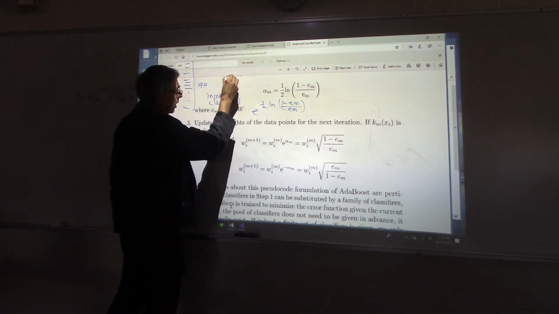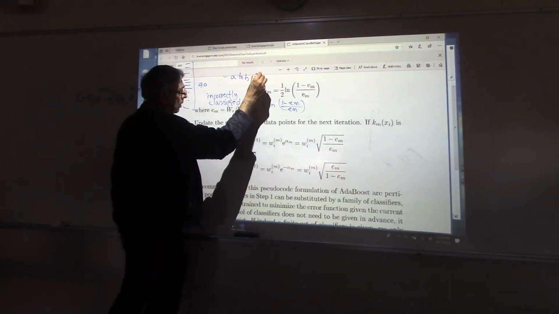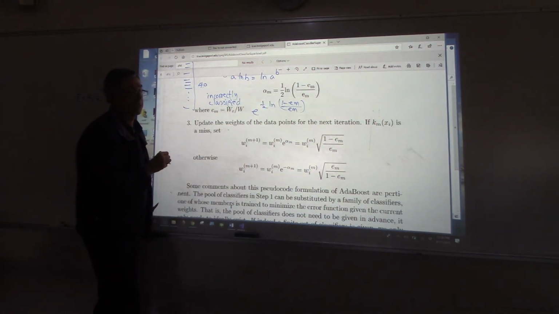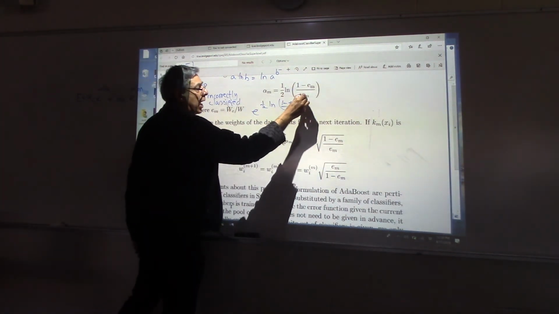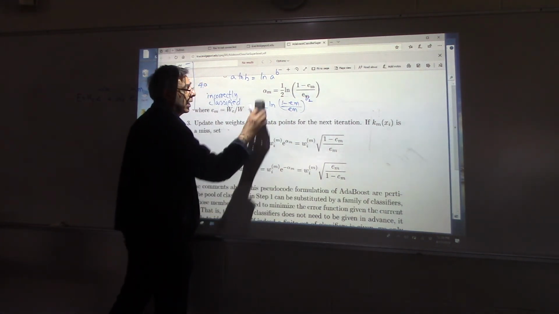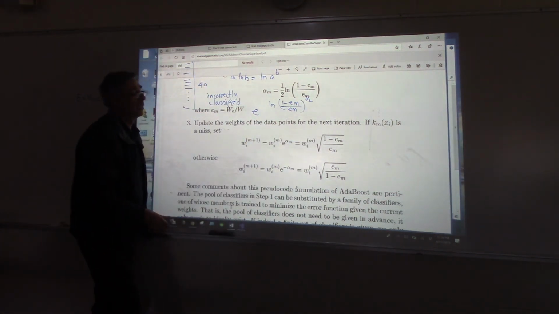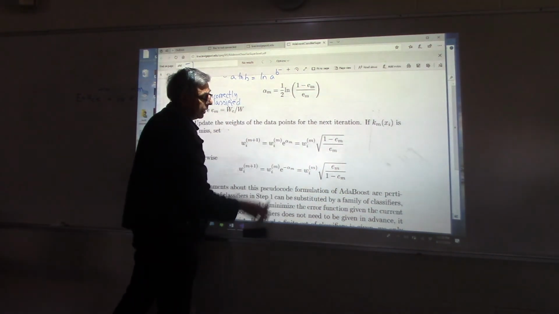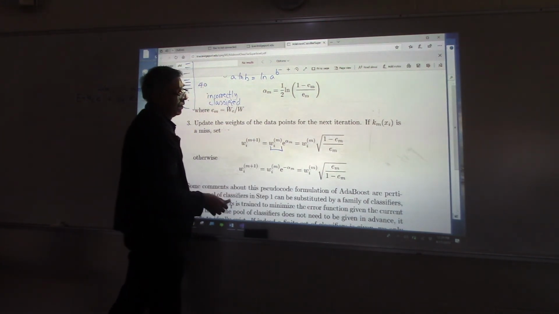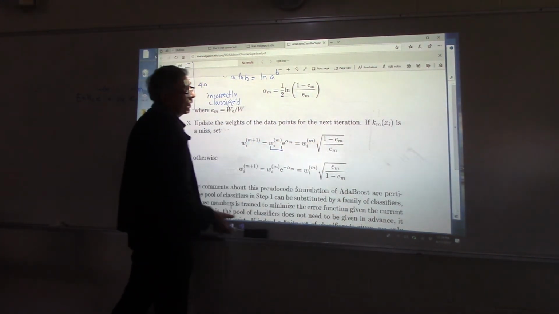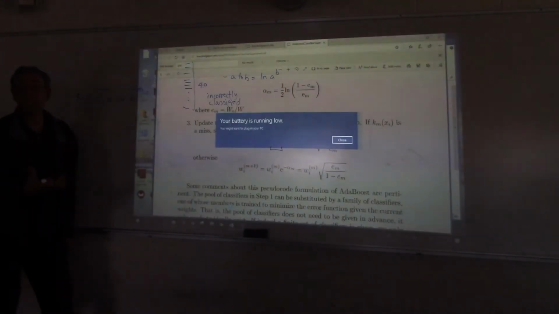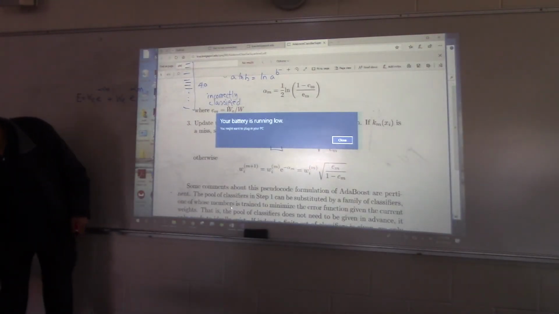If you recall, a log b is the same as log of a to the b. So the half can go over here, and this can go there. Now what happens to e and log? They cancel. And this is the existing weight. So the existing weight multiplied by this e to the alpha_m will further increase that weight.